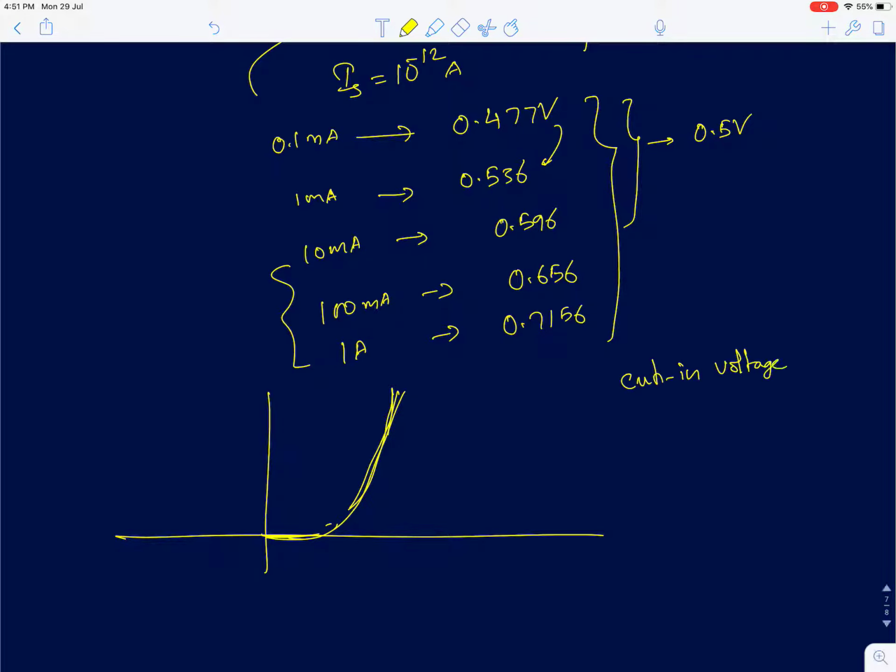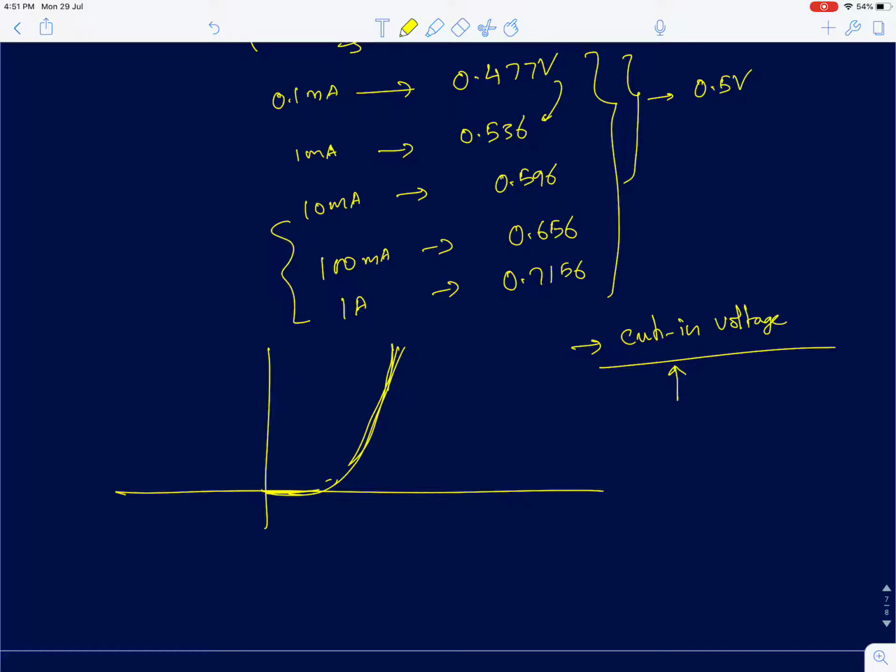It's like a threshold voltage for a diode, meaning if your diode voltage is greater than this, then it conducts. In the previous model we said if your voltage is positive, it's conducting. But in this model, I am going to say that if the diode voltage is greater than a certain threshold voltage, which I am going to call the cut-in voltage, it conducts.